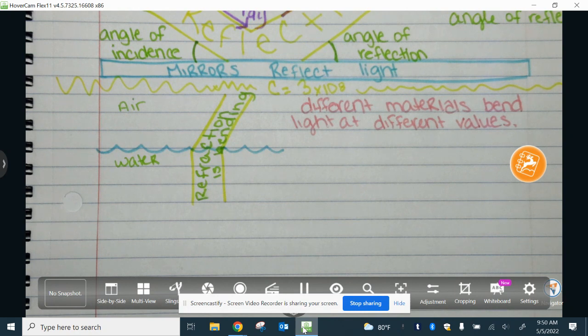Your headlights can just shine in front of you no problem. When it's foggy and now there's water particles in the air, your headlights don't work as well. You cannot see as far. It's because that light's getting bent at a different angle. We call this refraction value. And so each different type of object has a different refraction value.